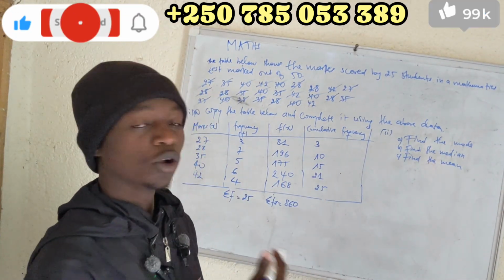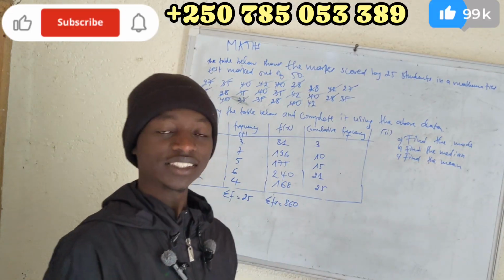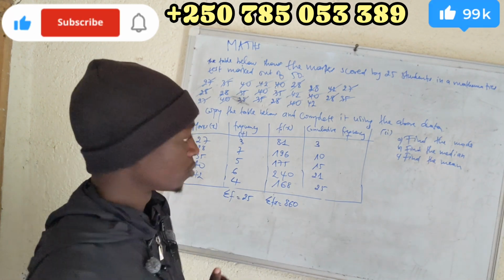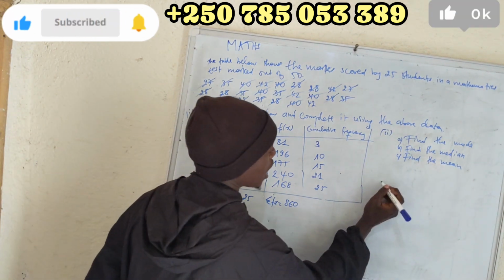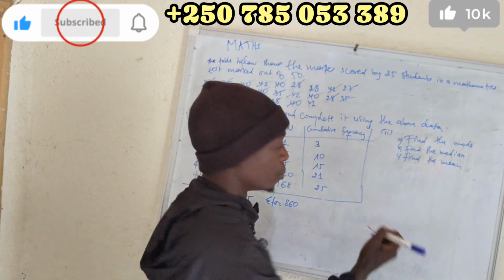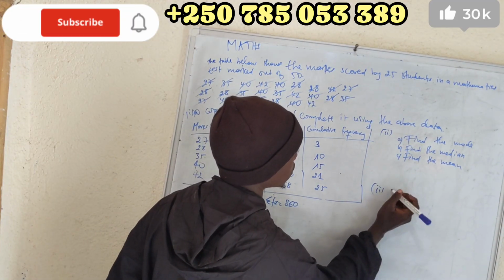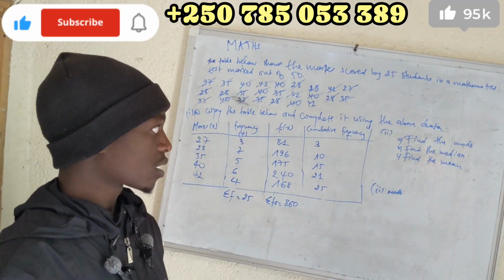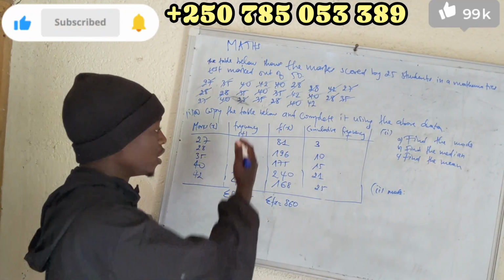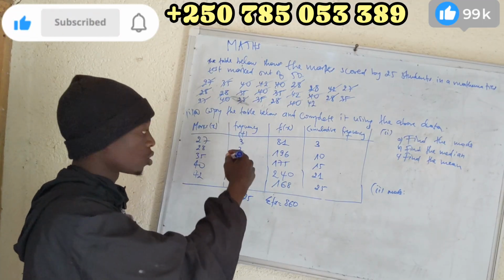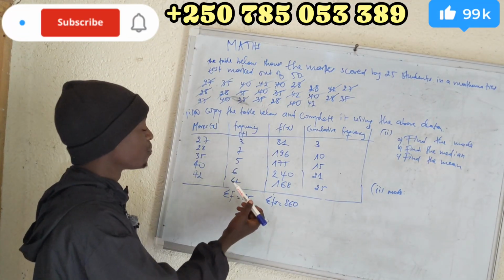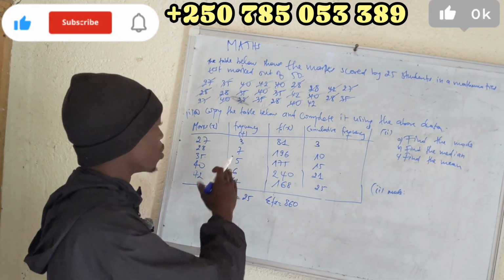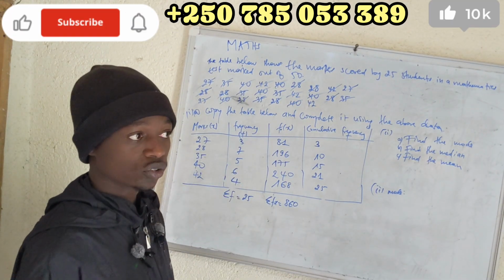Because you are with me, I'm going to explain it very easily in a clear way that is very understandable. So find the mode. How are we going to get the mode? To find the mode mark, first of all, we come here in the frequency column and we see what marks come with the highest number of students.